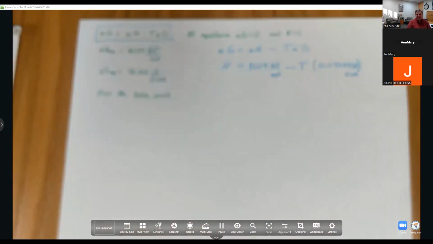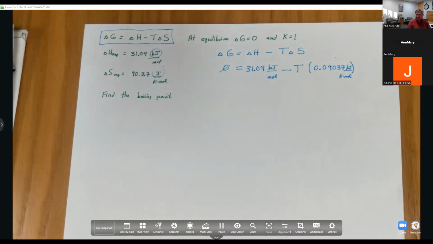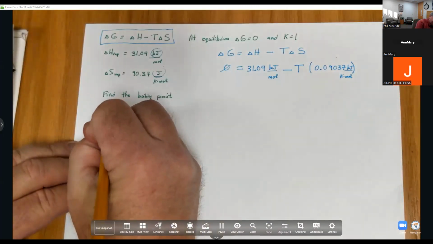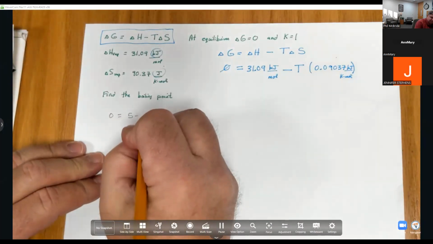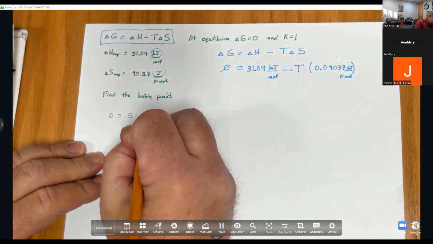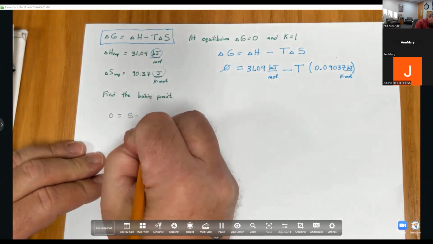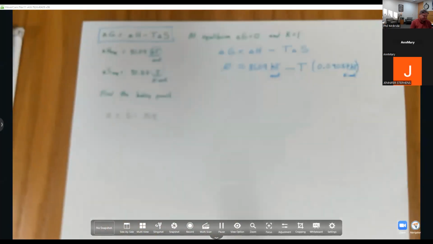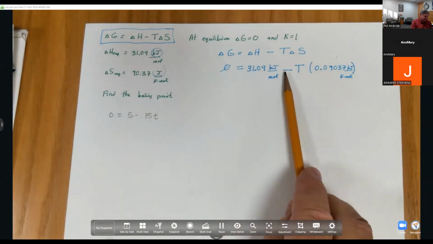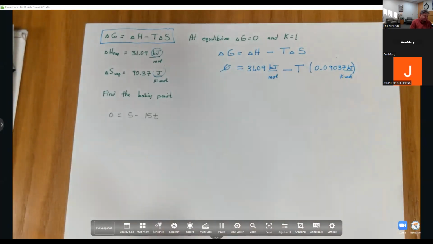All right, now what do I do? This is algebra time. Think of it as 0 equals 5 minus 15 T. How would you solve for T?